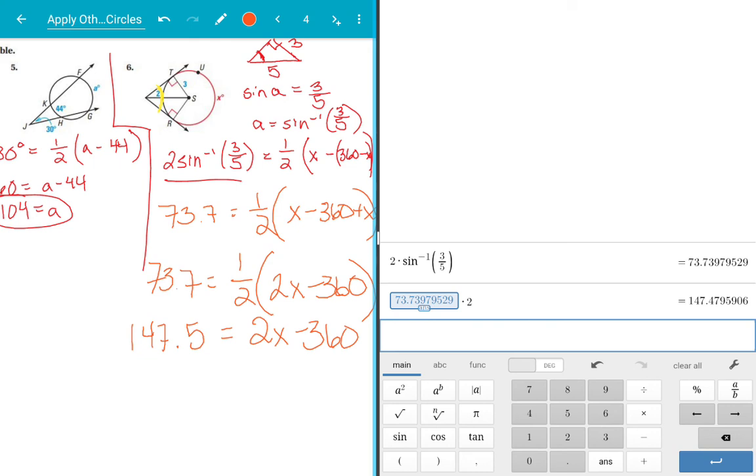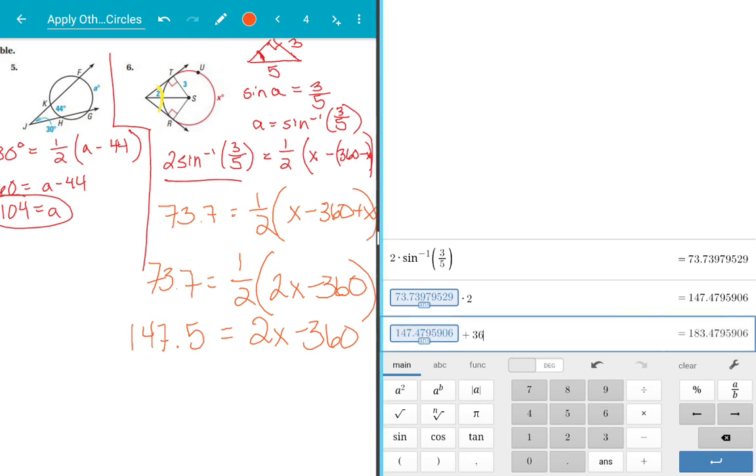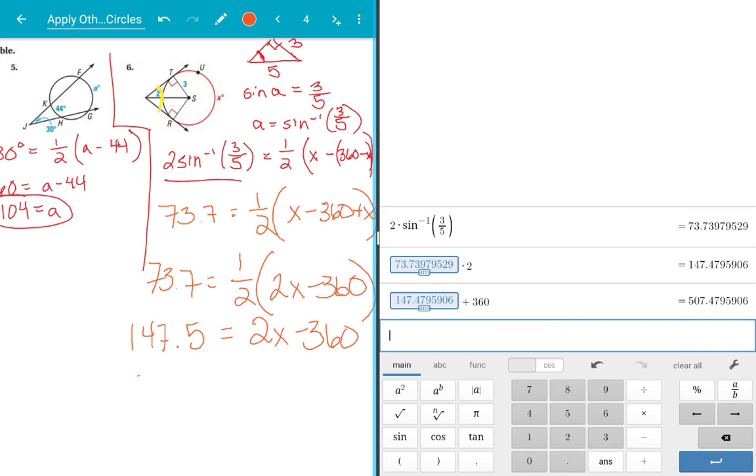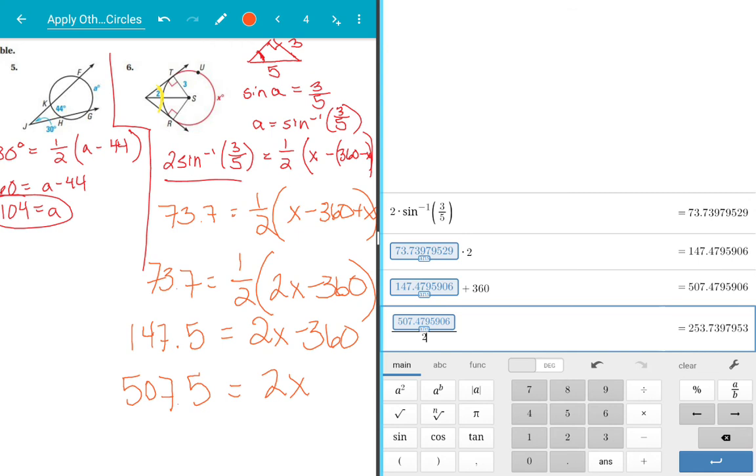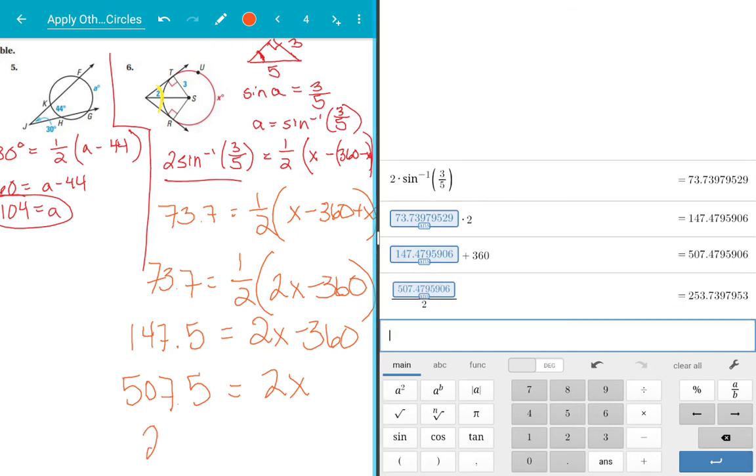So we add 360, take the answer plus 360, and we get 507.5 equals 2x. Divide both sides by 2, and we get 253.7 is the measurement of x.